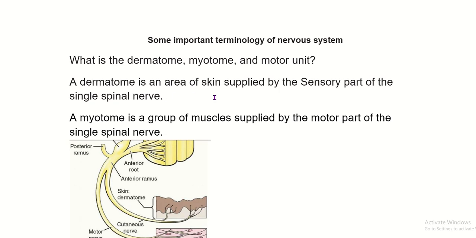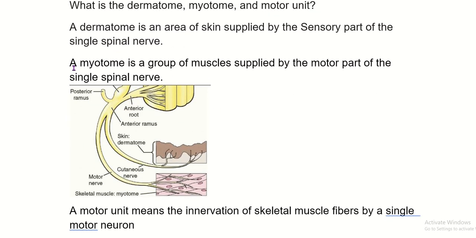If we lose sensation in a particular portion of skin, we can understand there is damage to a particular single spinal nerve. If we lose a particular movement, we can understand by the myotome the lesion in some particular skeletal muscle.